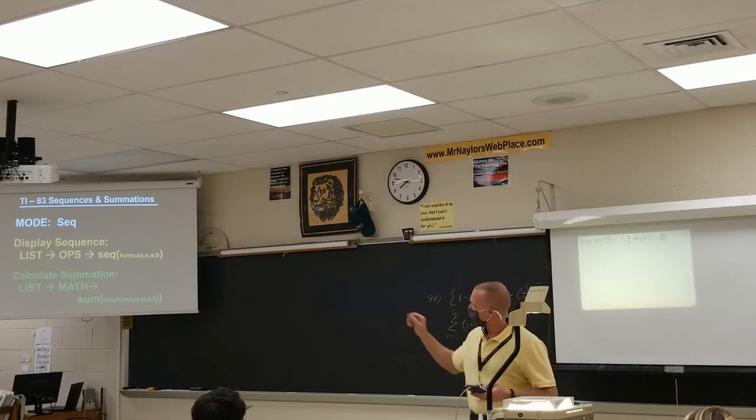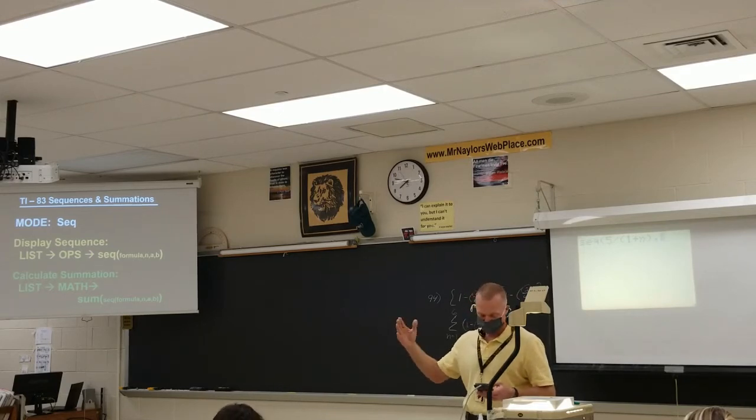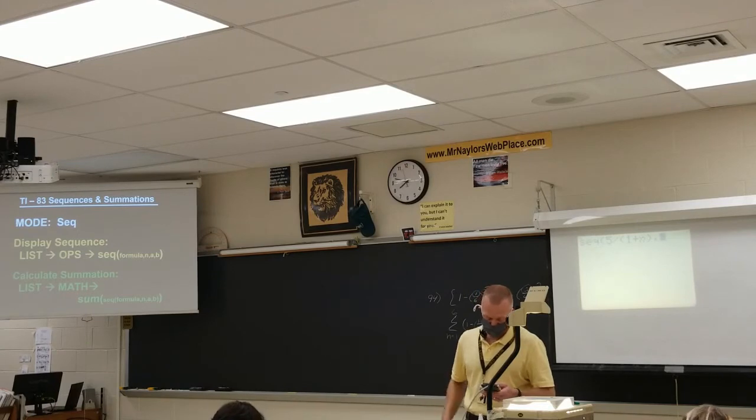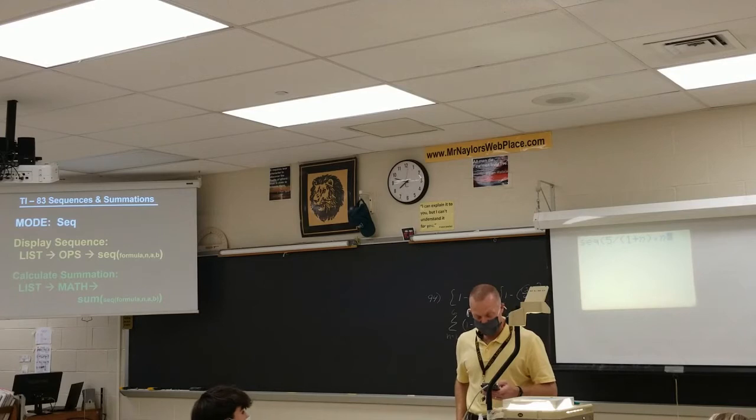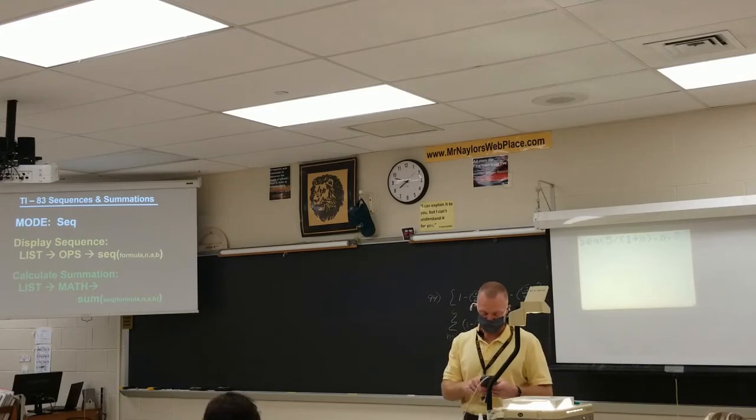Now, the syntax is that you also have to follow the formula with a comma. If you've never pushed comma before, it's underneath the sine button. And then the letter n again, that's just part of the syntax. And then A to B. A to B on the calculator represents the beginning of the sequence to the end of the sequence.